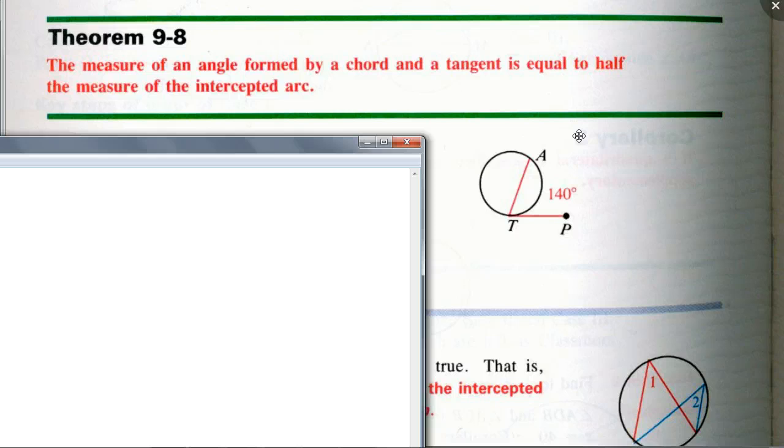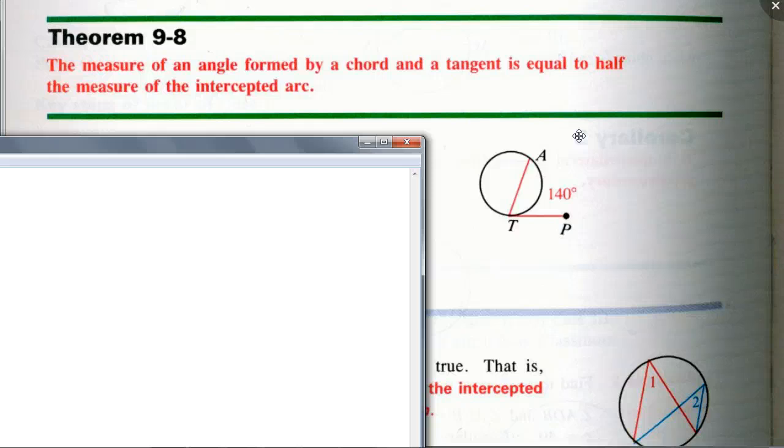Do you see how it's very similar to the first theorem we talked about today? Just like the measure of an inscribed angle is half of the measure of its intercepted arc, here we don't have an inscribed angle, but we have an angle formed by a chord and a tangent. It works the same way. It's half of the intercepted arc.